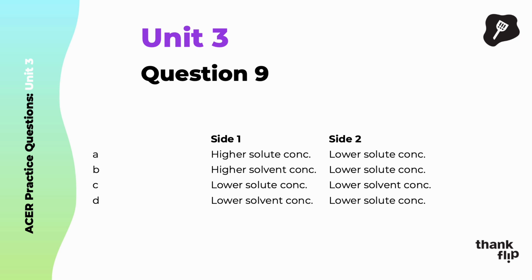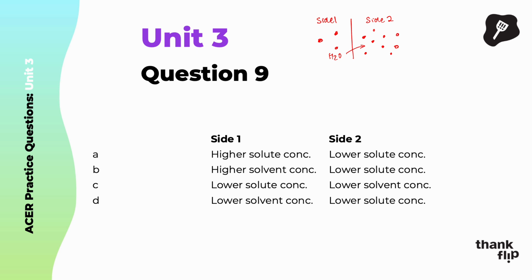So osmosis is the movement of water across the semi-permeable membrane, and water will move up the solute concentration gradient. So what this means is that, let's say we have side 1 here and side 2 here. So if we have, let's say, 3 particles on this side dissolved in water, and we have a lot more on this side, then water will go up the concentration gradient.